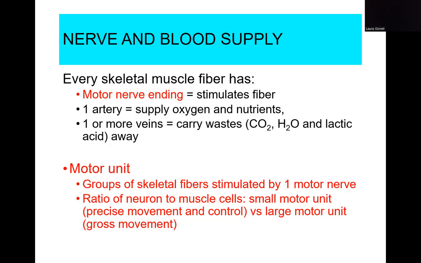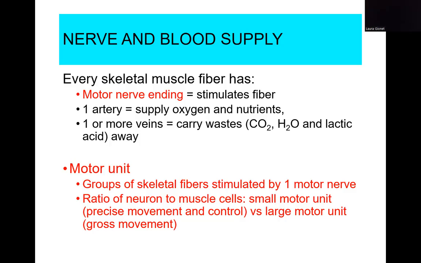A motor unit is a group of skeletal muscle fibers stimulated by one motor nerve. It's the ratio of neuron to muscle cells. With small motor nerves, we find small motor units in small muscles that are associated with precise movement and control, versus large motor units for gross movement and large muscles.